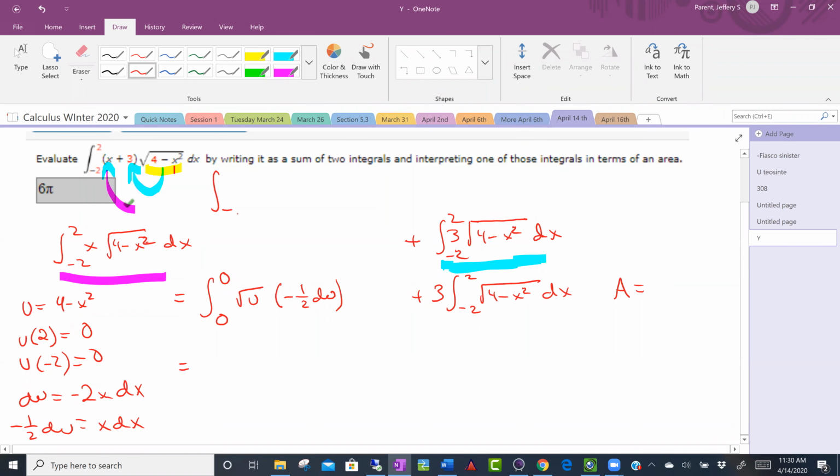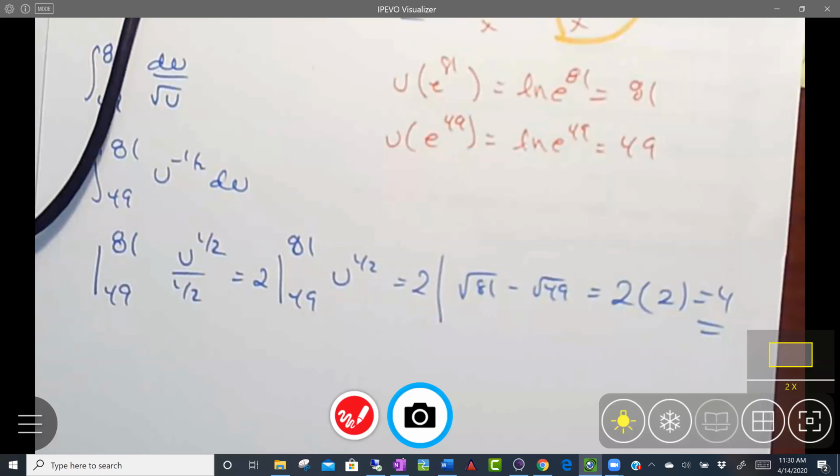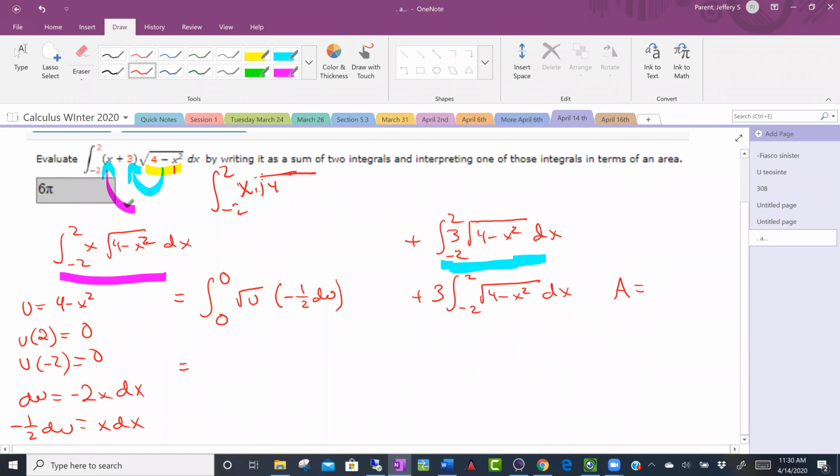The integral from -2 to 2 of x times the square root of 4 minus x squared, plus 3 times 4 minus x squared, all of that dx. Boy, I'm not sure why my pen's not cooperating with me today. This is really horrible.